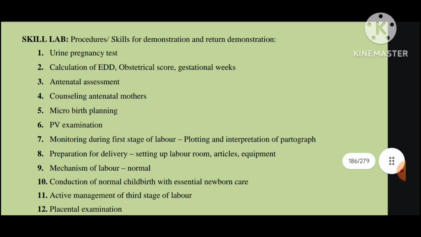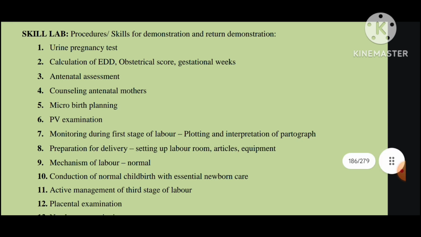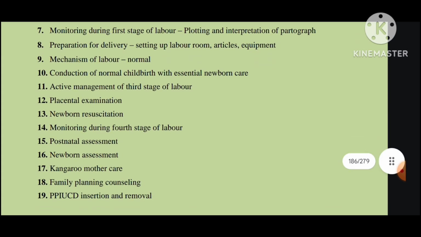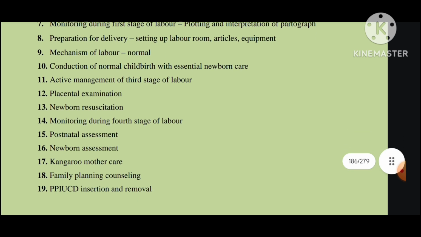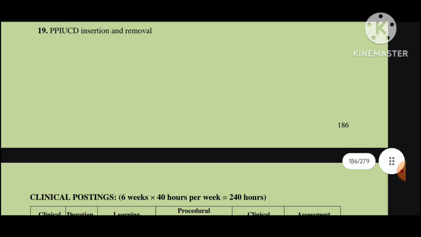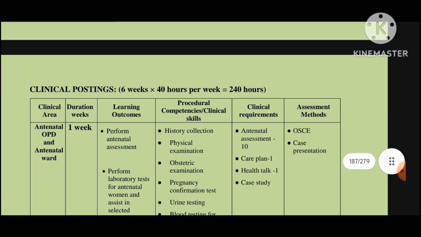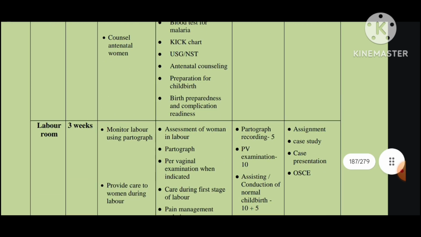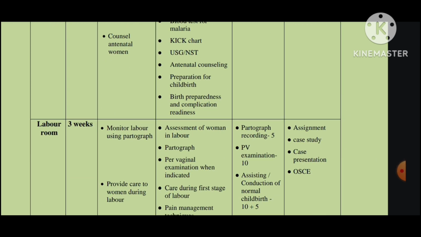Then skill lab: urine pregnancy test, calculation of EDD, obstetrical score, gestational weeks, antenatal assessment, counsel antenatal mothers, then birth planning, PV examination, a lot of procedures you are supposed to do. In clinical posting also you have 6 weeks of posting. There in antenatal OPD you have 1 week posting, and for labor room you have 3 weeks posting.